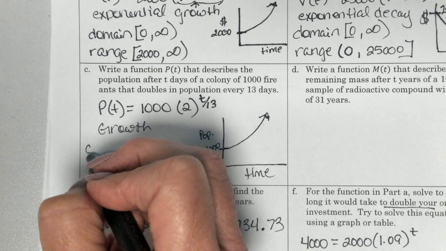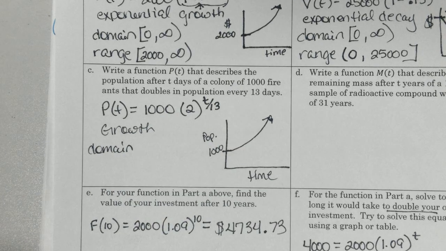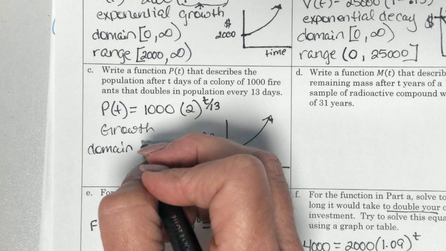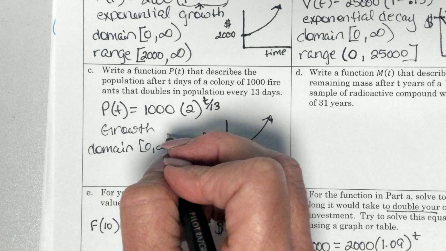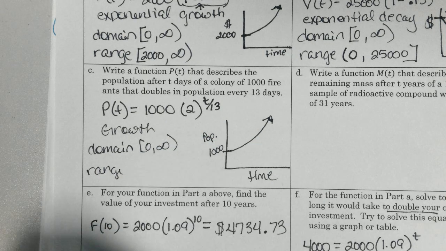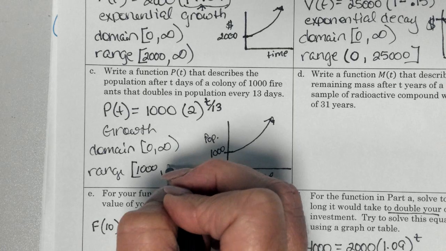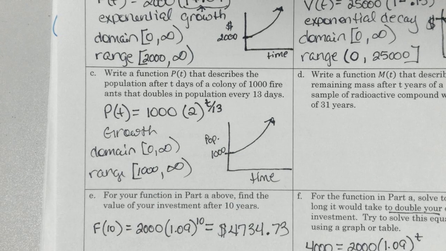What is our domain? 0 to infinity. And what is our range? 1,000 to infinity. There you go. Okay.